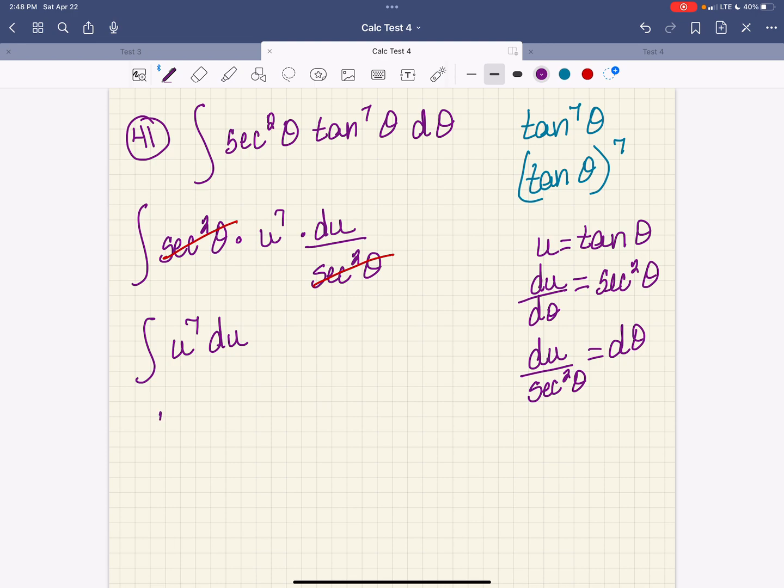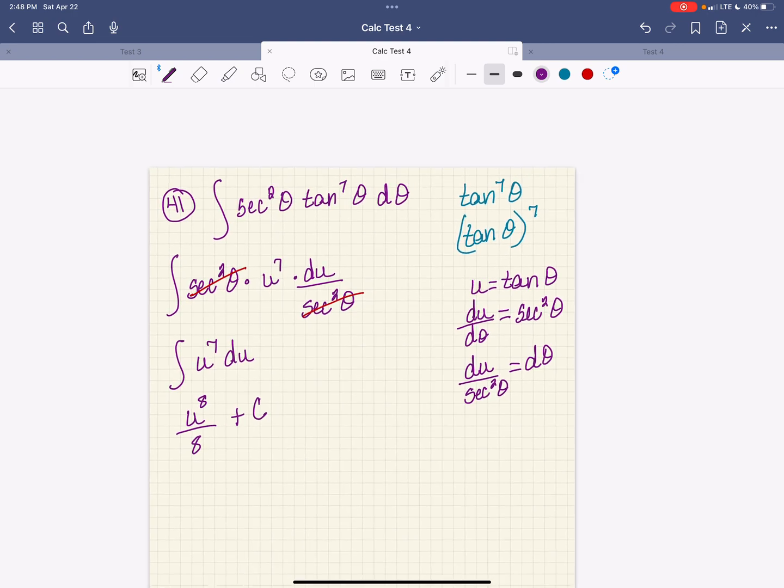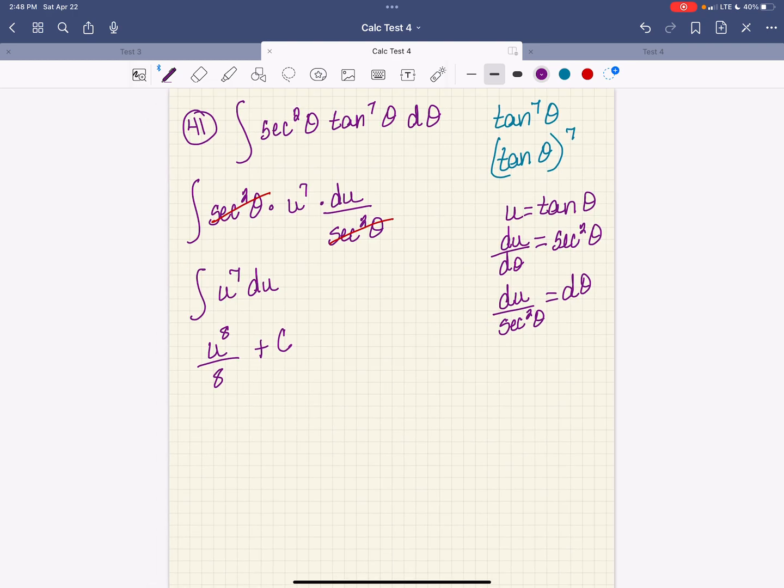I'm going to do the antiderivative. I get u to the 8th over 8 plus c. Now I'm going to substitute tangent of theta back for u. So my final answer is going to be tangent of theta to the 8th power over 8 plus c.